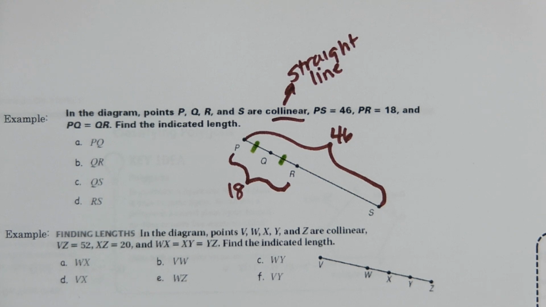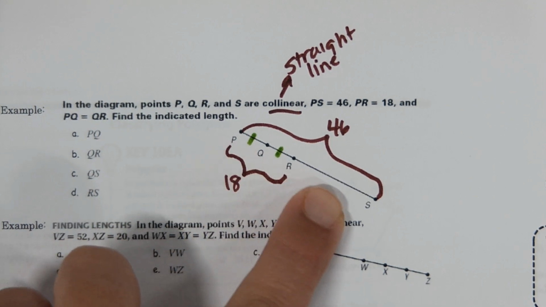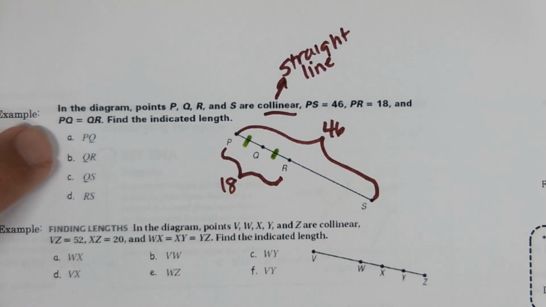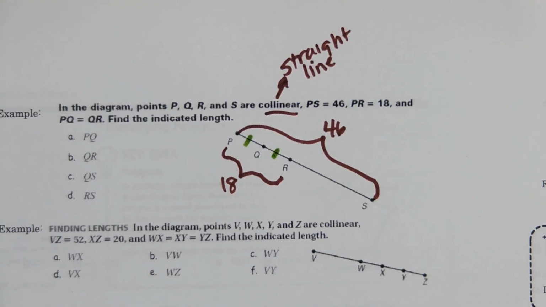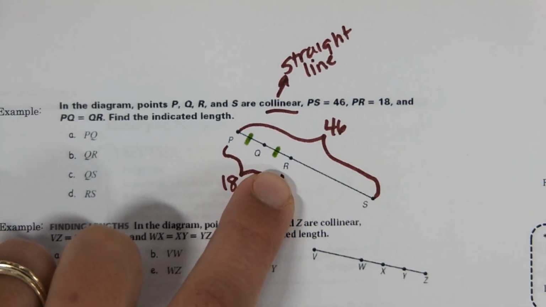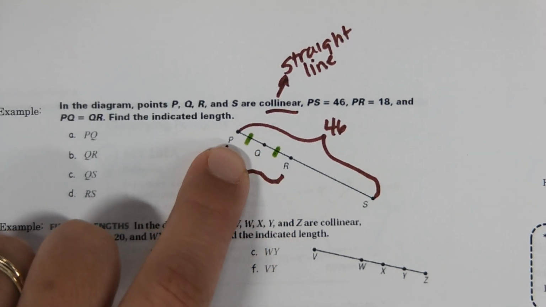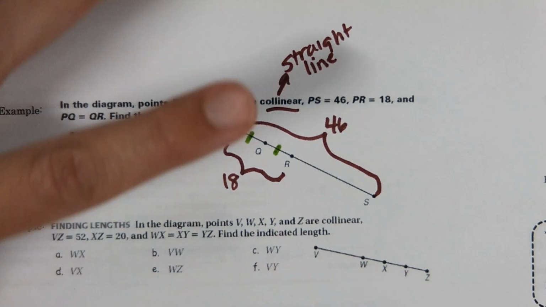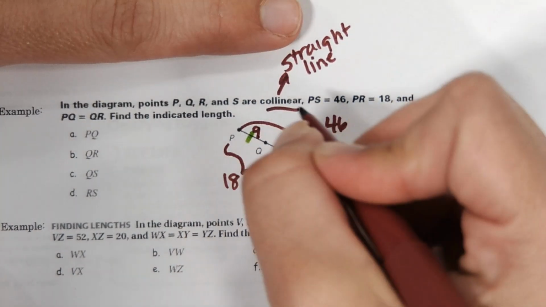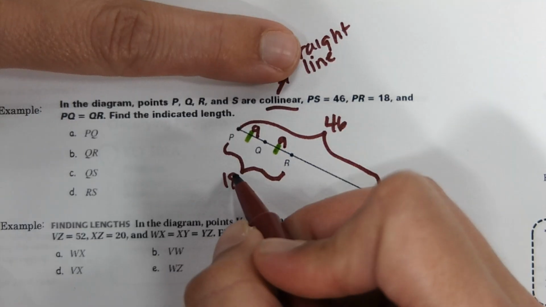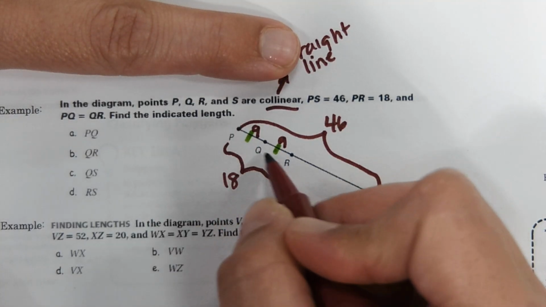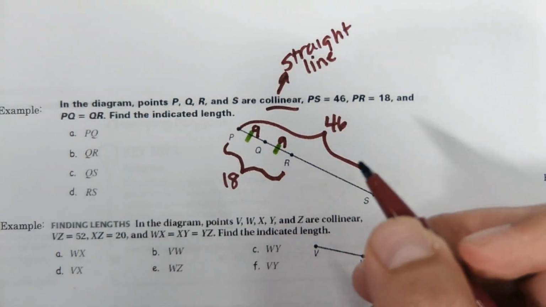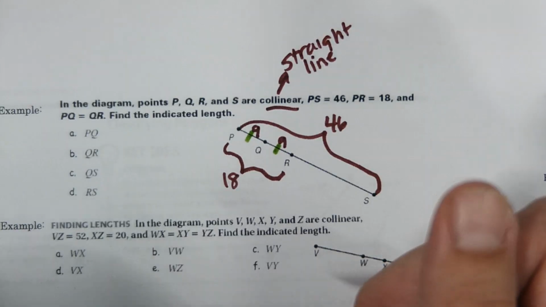Okay, so I'm going to label all of the lengths here, just try to figure them out, and then I can answer these pretty easily. So if this is 18 and both of these are equal, what is the length of each of these? It's 9. Good job. So what they did in their head is they just took 18 and divided it by 2, because if these two are both the same length, then they must be equal. So they took 18 divided by 2 to get those 9.